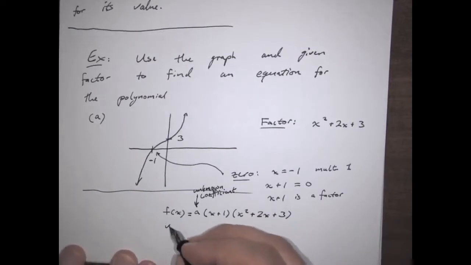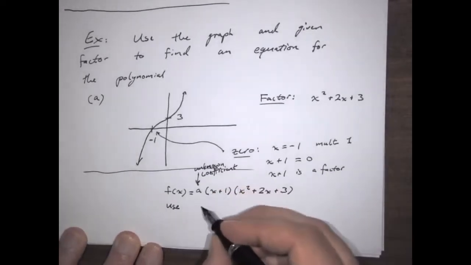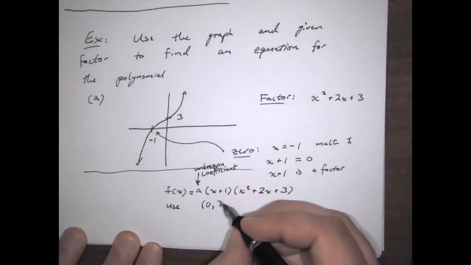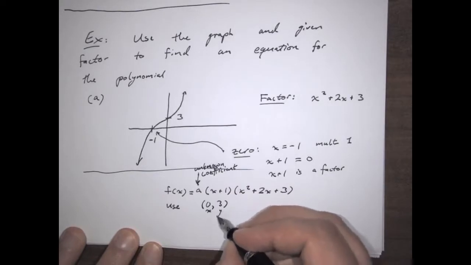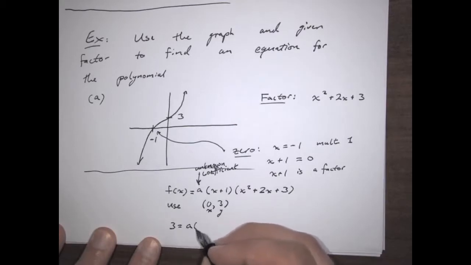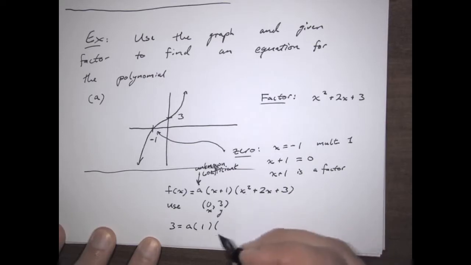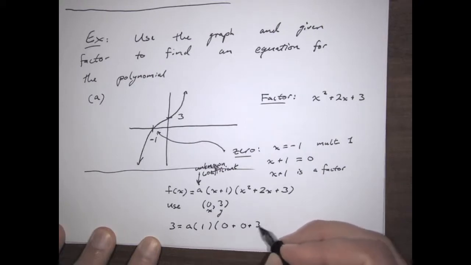Now what we use is the other point that was given to us, here the y-intercept, 0, 3, where 0 is the x, 3 is the y, to find the a. So 3 equals the mystery a times 0 plus 1 times 0 squared plus 2 times 0 plus 3.